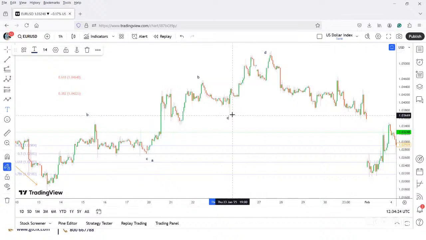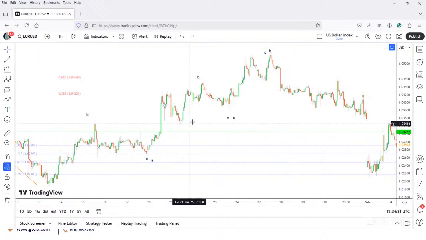So now we've got a new A and then a new B. And then again, you will draw the trend lines, etc.